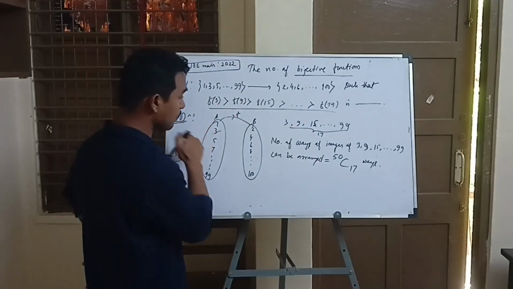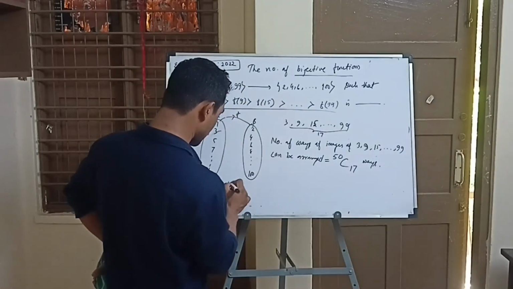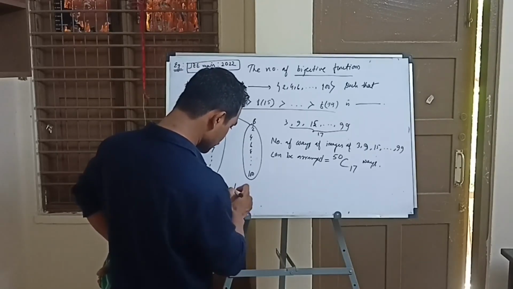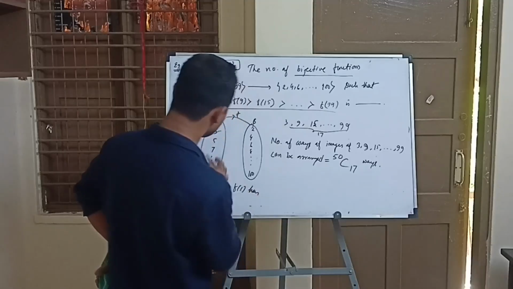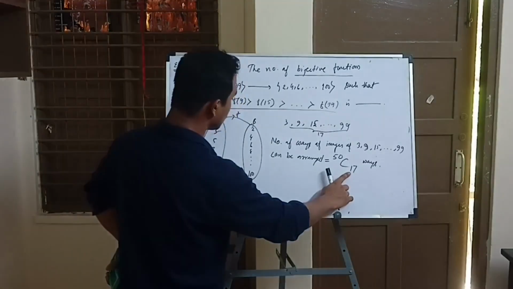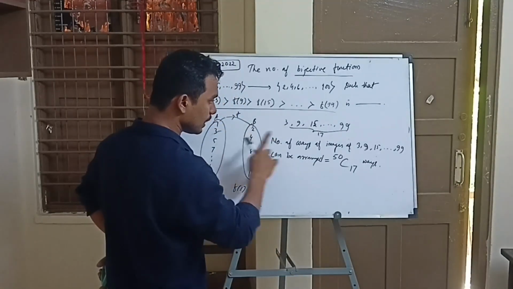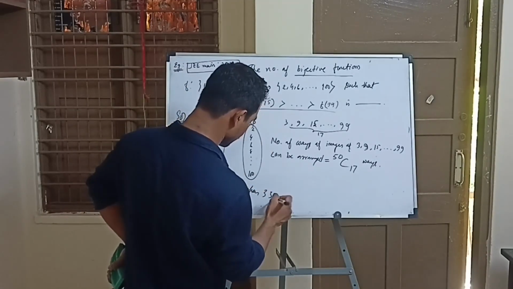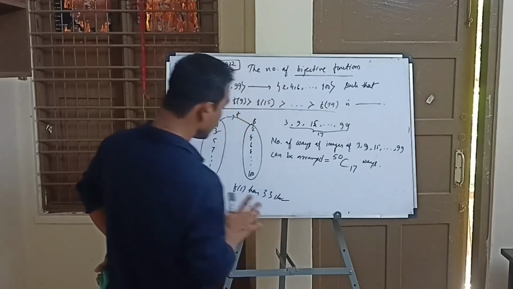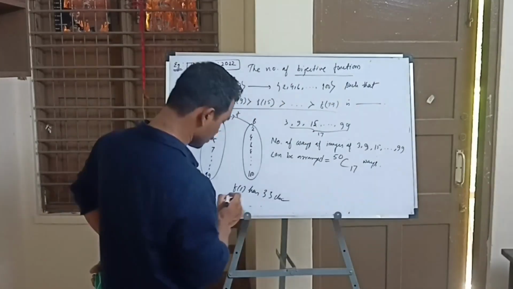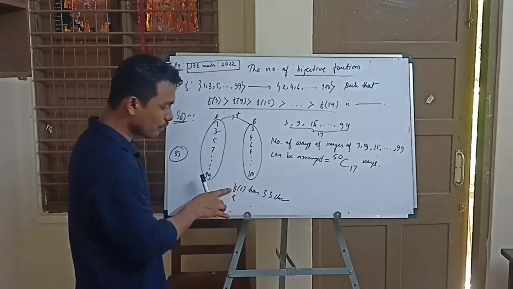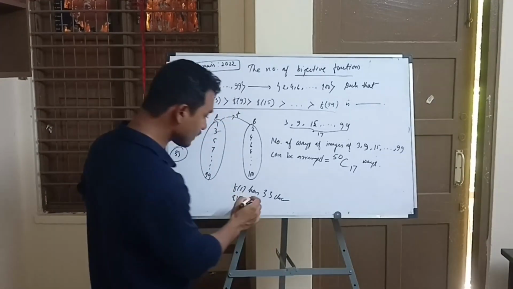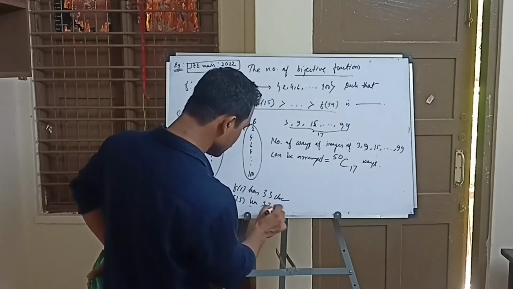Suppose these elements are arranged in 50 C 17 ways. Then f of 1 has how many choices? 17 numbers are gone from B, so 33 numbers are left: 33 choices. Since f is one-one, the image of f of 1 cannot be the image of f of 5. The image of f of 5 has 32 choices.